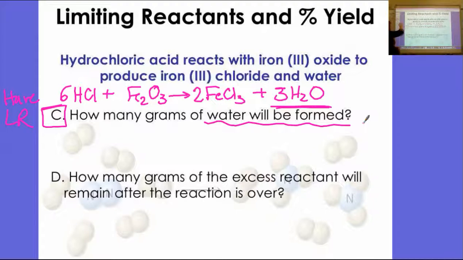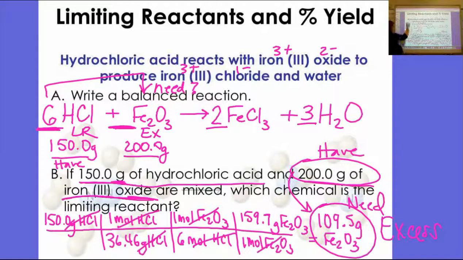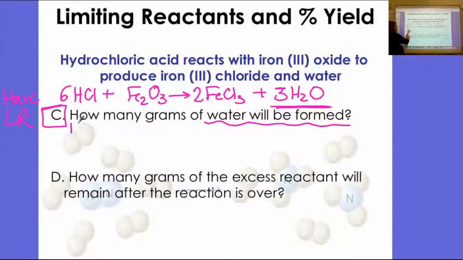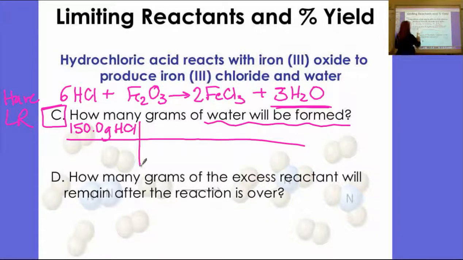So going back to part B, we said hydrochloric acid was my limiting, and I'm given 150 grams. So I have to start with 150 grams of hydrochloric acid. I want to get from hydrochloric acid to water.